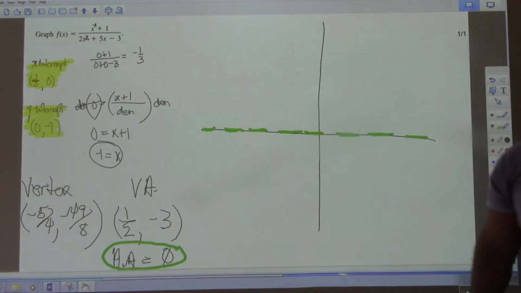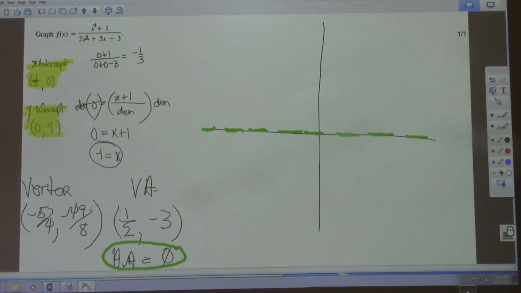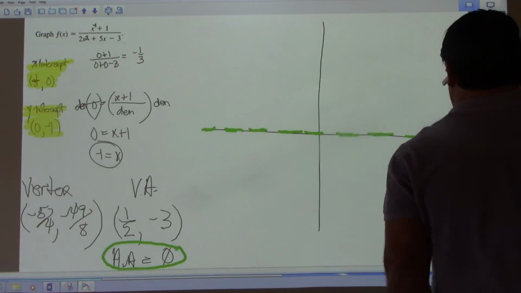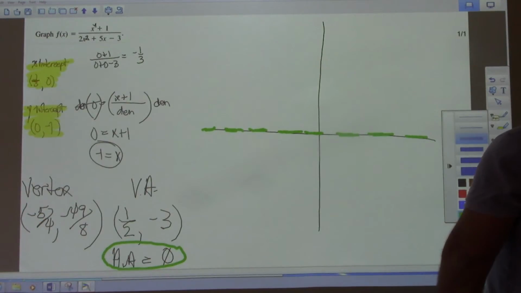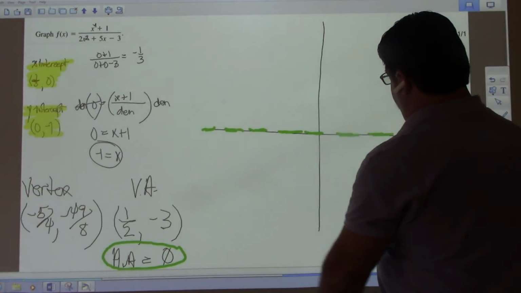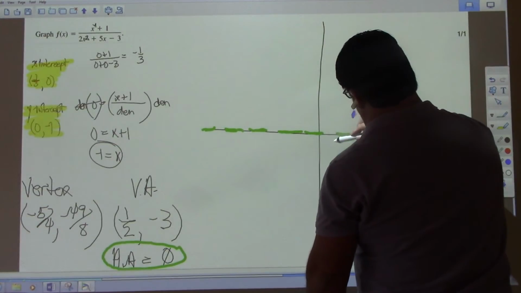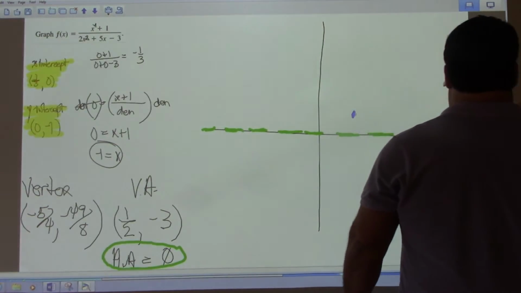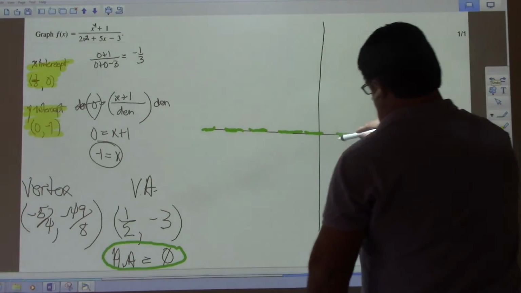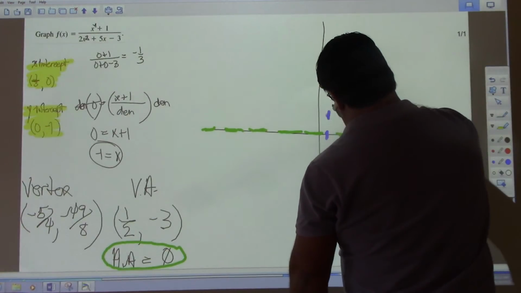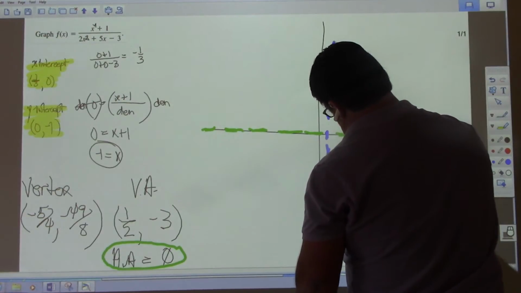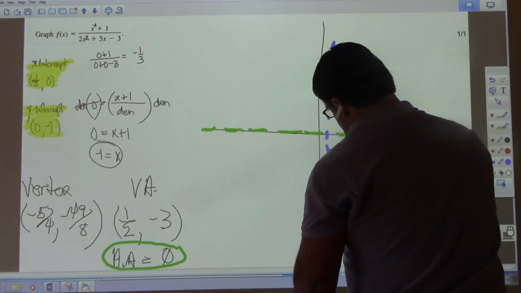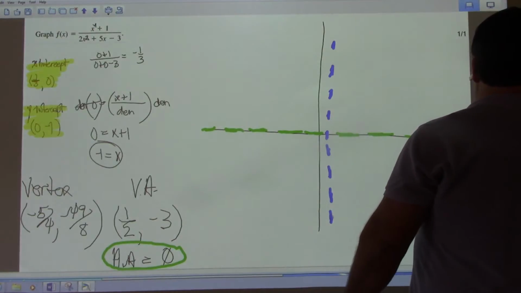Okay? Your vertical asymptote is at 1/2 and what? Negative 1/3. 1/2 and what? Negative 3.